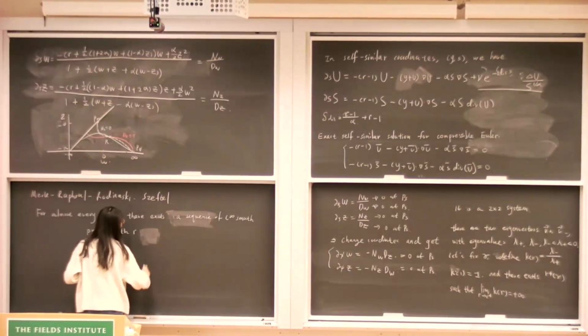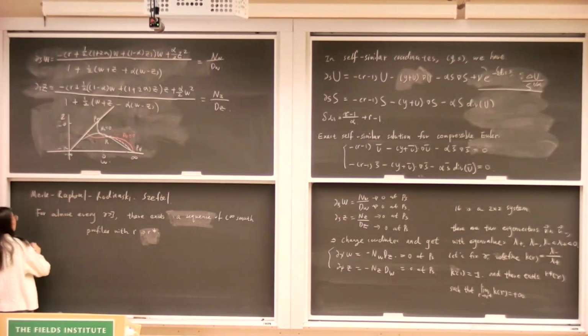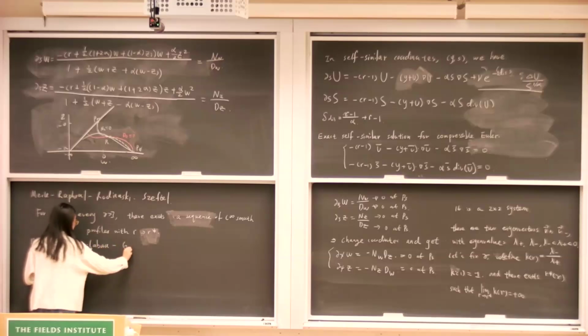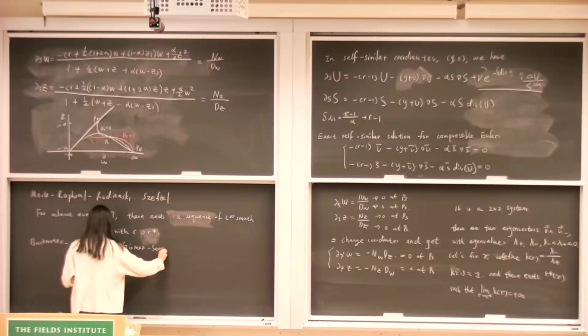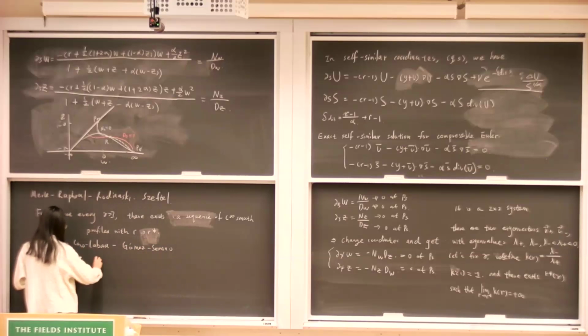Very close to R star. And the results from Tristan, Gonzalo, and Javi. So if you fix a parameter, then it's easier to extend it to all gamma. So they do it for gamma between 1 and infinity.